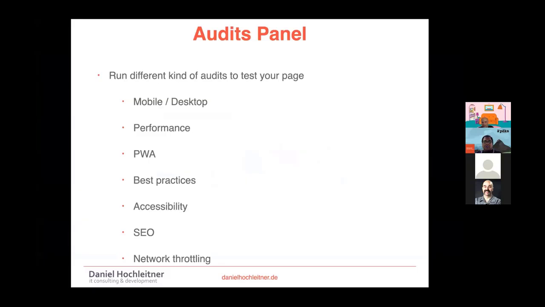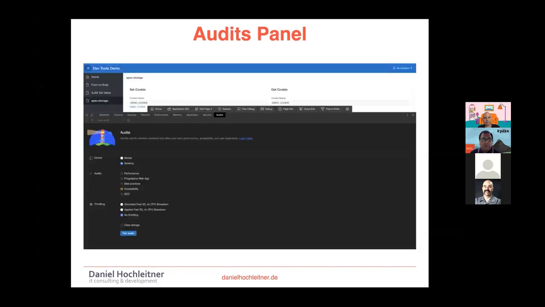Some best practices, in this example these are of course best practices of Google, I think, on Chromium-based browsers. Accessibility testing, search engine optimization, which is not so important for an Apex application, I guess, and of course network throttling. This would be the audits panel.